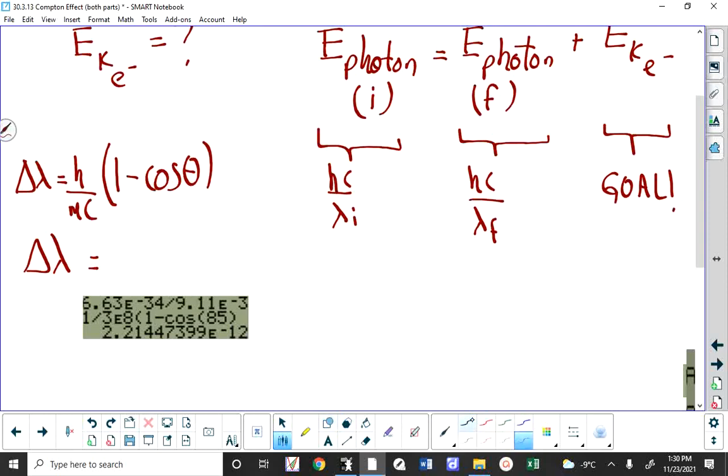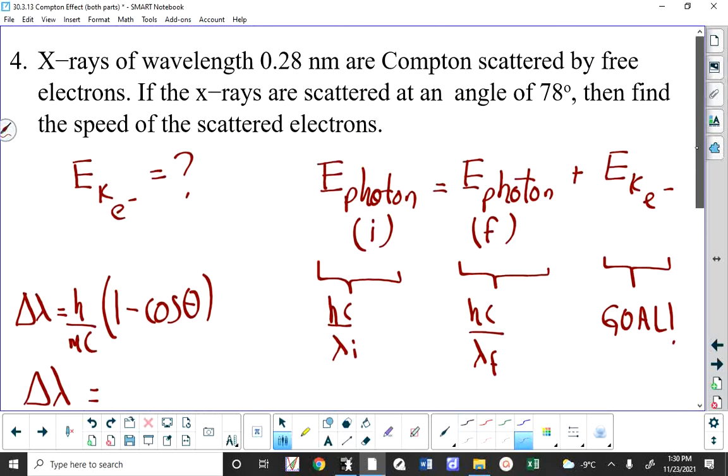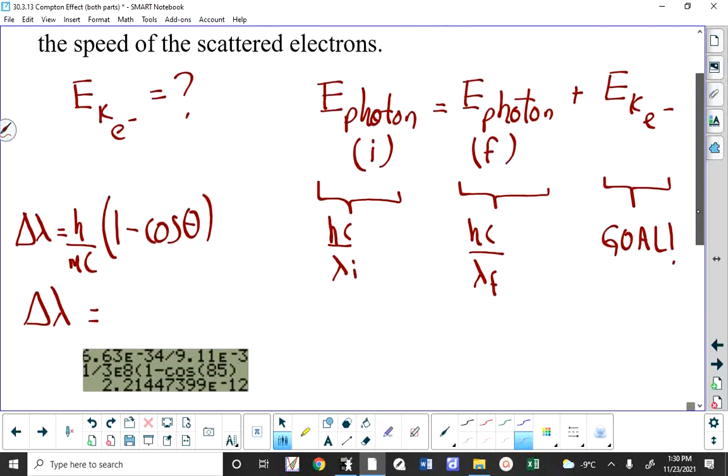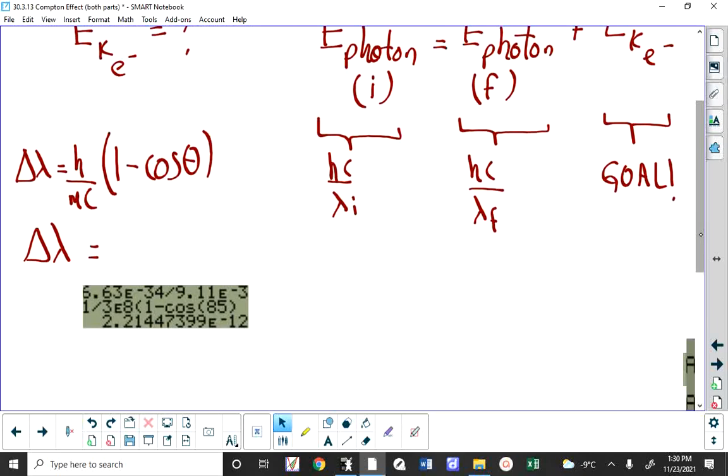So there's my calculation. Planck's constant divided by the mass of the electron, also divided by the speed of light, times 1 minus, this isn't 85, is it? No, it's 78. This is all garbage. Sorry.